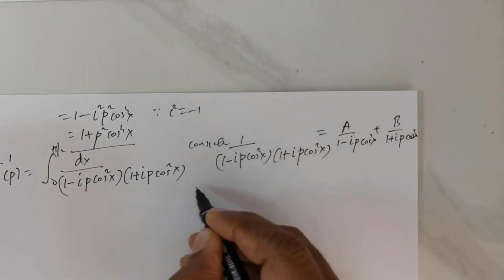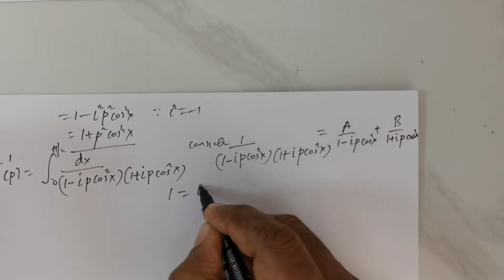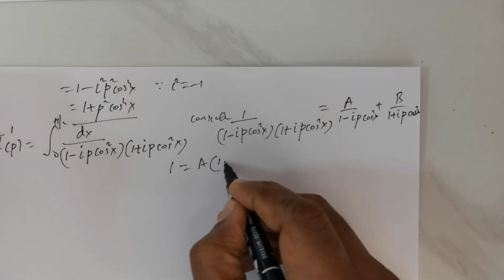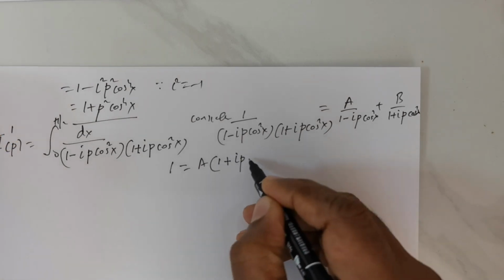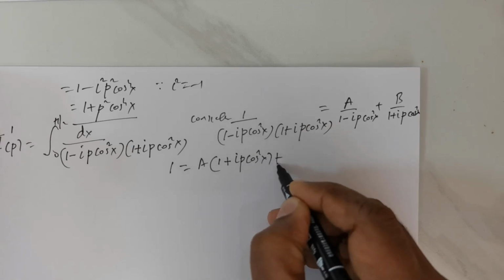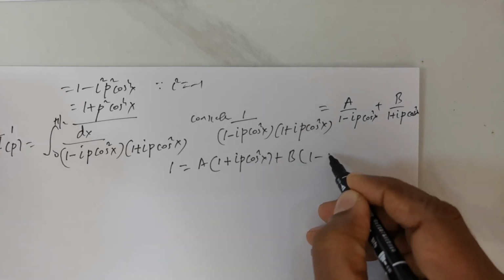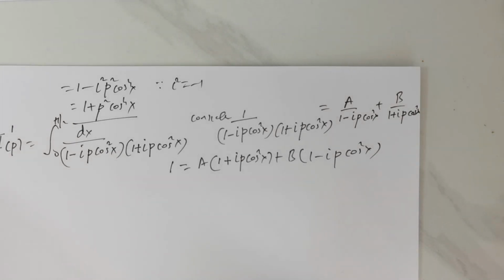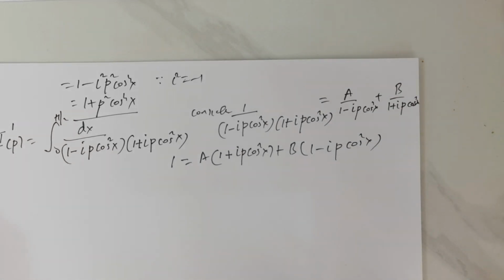So you have to cross multiply, you get 1 is equal to a times 1 positive I times p times cos squared x plus b times 1 negative I times p times cos squared x. So this is what you've got. So now you will have to actually find the value of a and b.